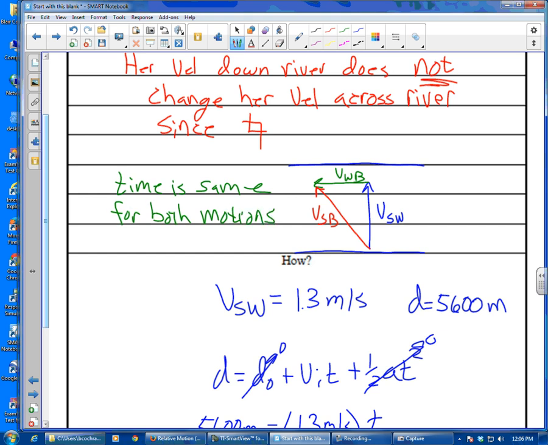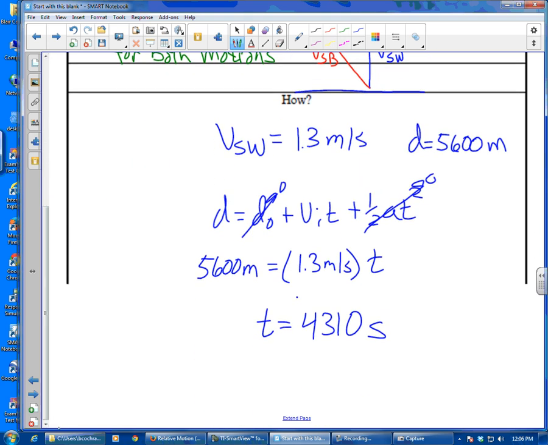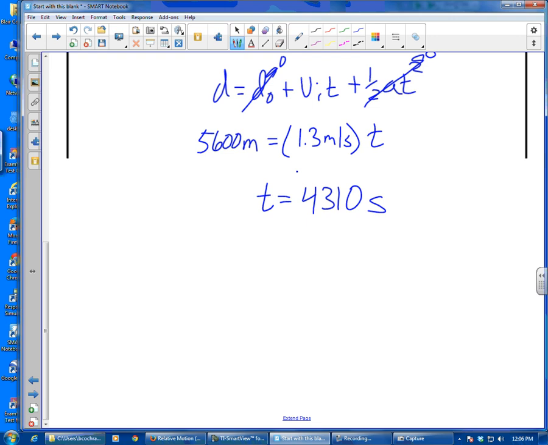Remember, they share a common time, right? She's got 4,310 seconds to go across the river. That's how long she has to go down the river, like a projectile. However much time it has to go out, it has that time to go up and come back down.